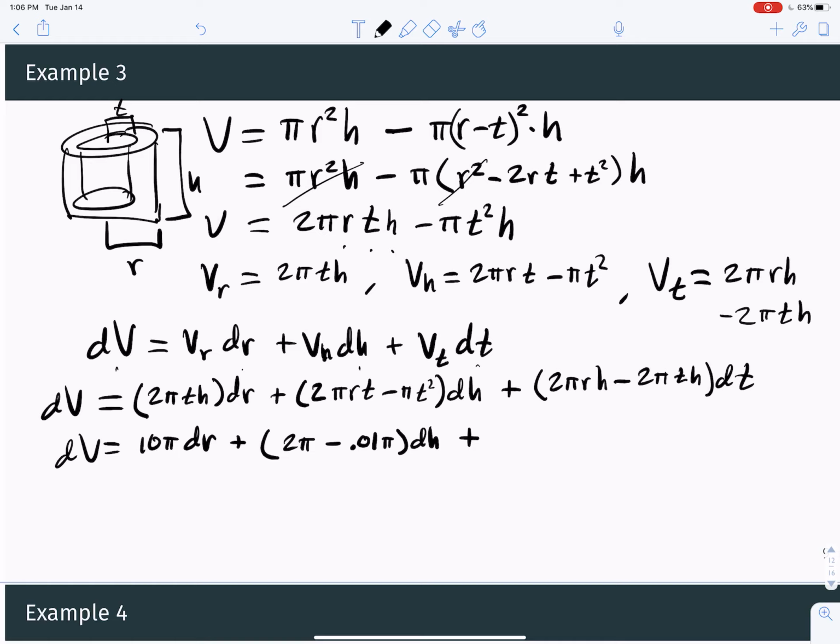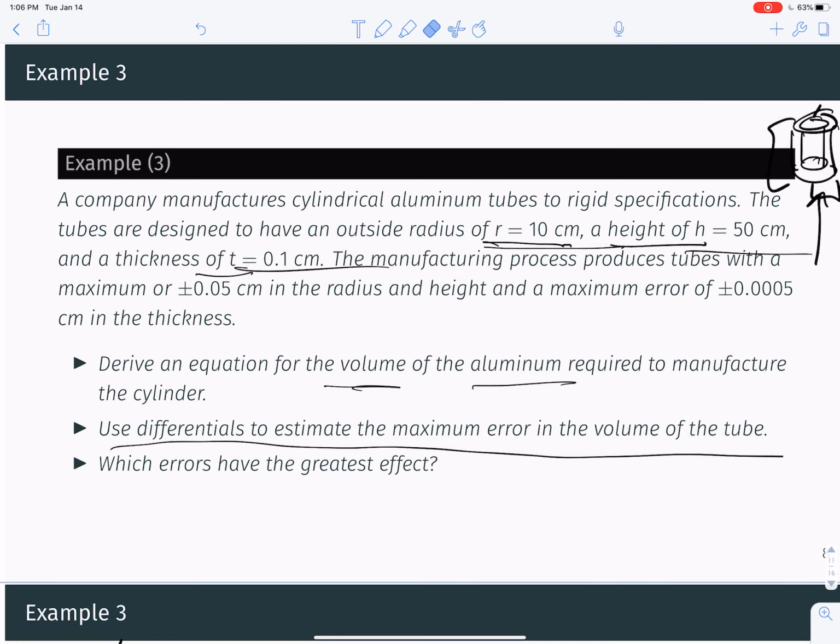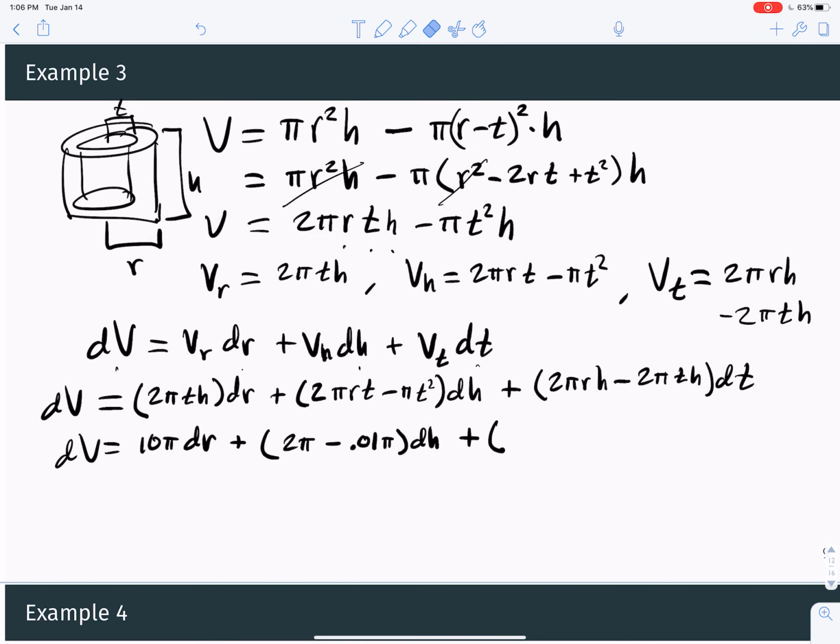And then let's see here, r is 10, h is 50. So 10 times 50 is 500, times 2 is 1,000.